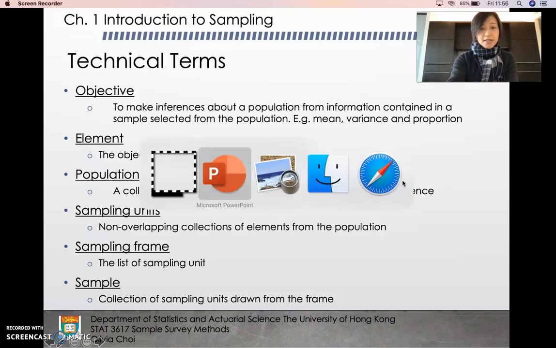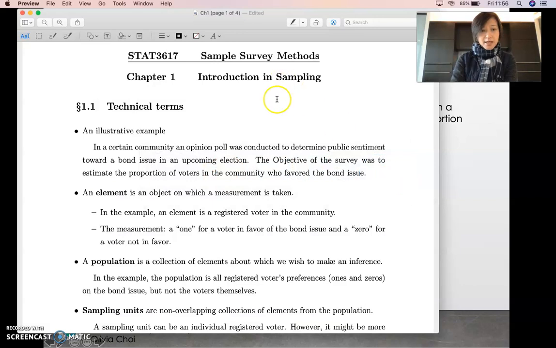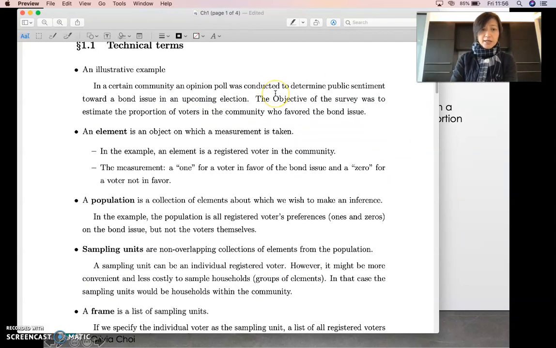Okay, so some of the technical terms I'd like to cover, let's look at an example to describe the usage of the technical terms. For example, we want to conduct a sample survey to determine the public sentiment towards a bond issue in the upcoming election.